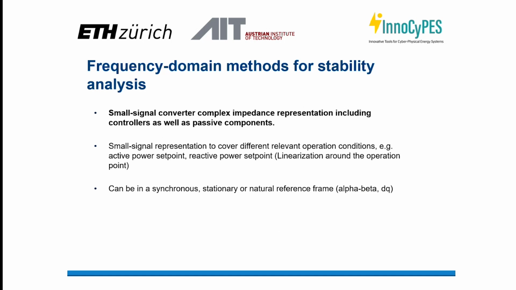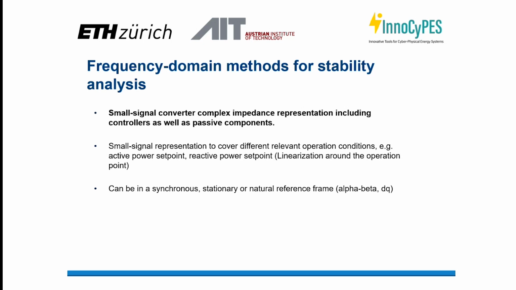And here we start looking at the frequency domain methods. Initially, the small signal stability methods need the converter impedance, or admittance in this case, to include everything: the controller, the passive components, and everything that might affect the dynamics of the system.